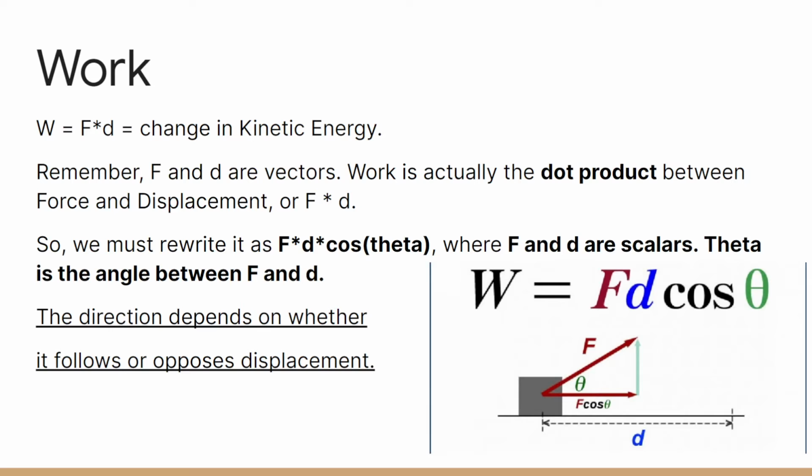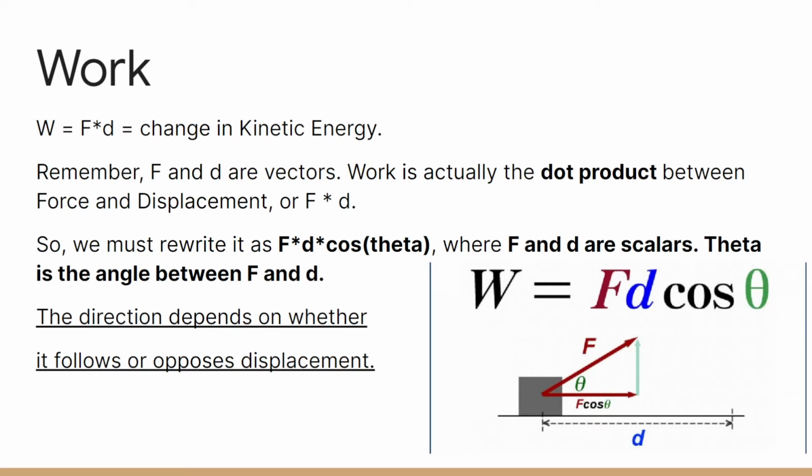And the direction of the work is going to just depend on which way the force is actually acting on the object, or which way the displacement is acting. If one of those is going to be negative, then you're going to see a negative work on the object. And how do we know if displacement is negative?